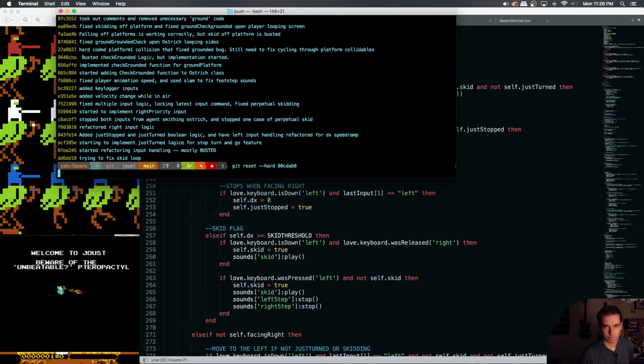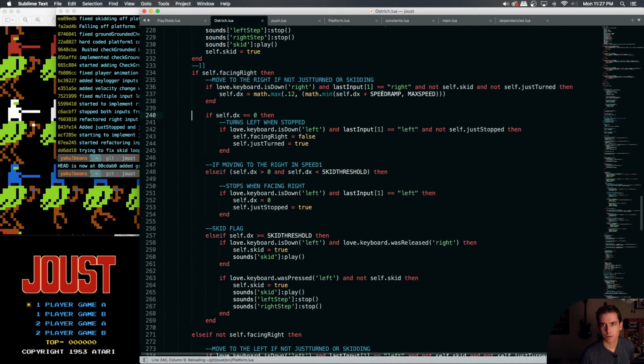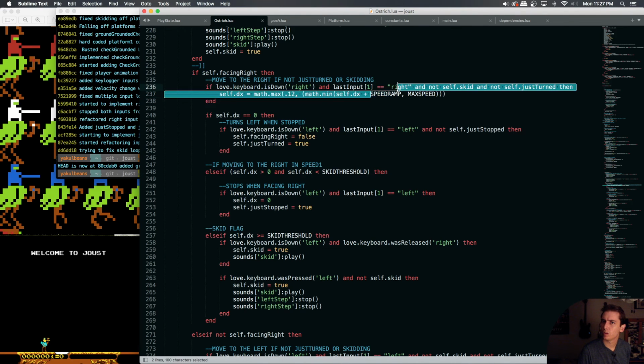Let's just try this. Head is now there. So, look, this is speed ramp now. Upon my busted fixing, I changed this to velocity, player velocity.